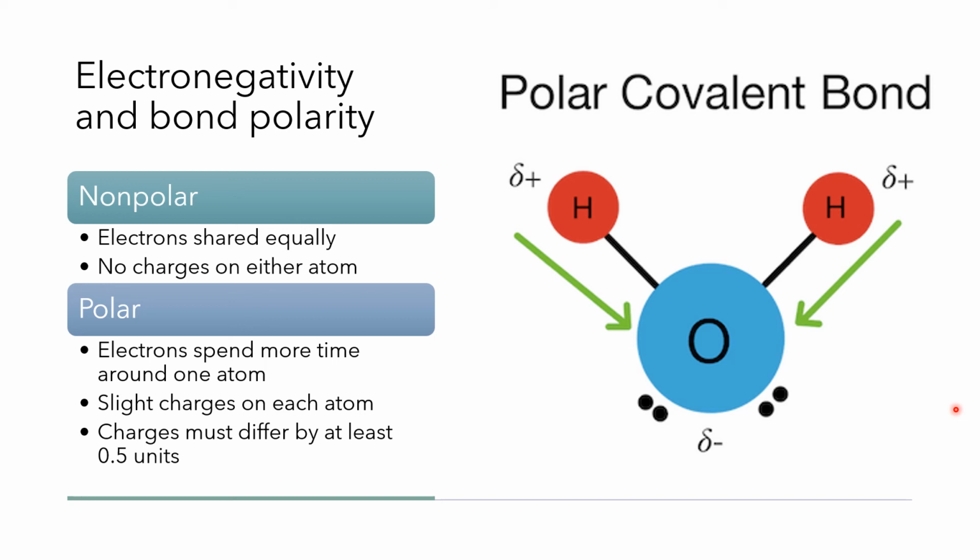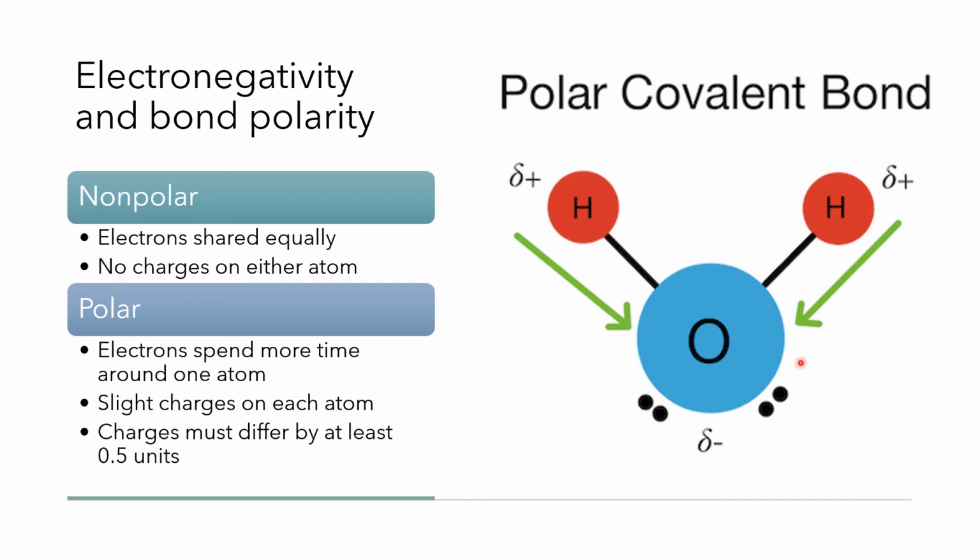This places slight charges on each of the atoms, and it's usually shown as this little squiggly line with a plus or a minus. It shows you that this hydrogen here is slightly positively charged. The oxygen is slightly negatively charged.